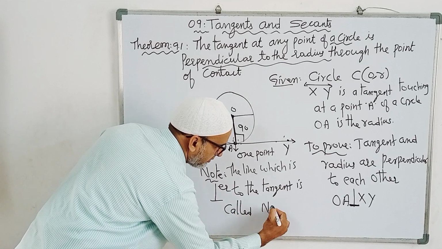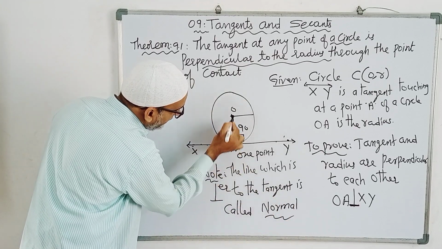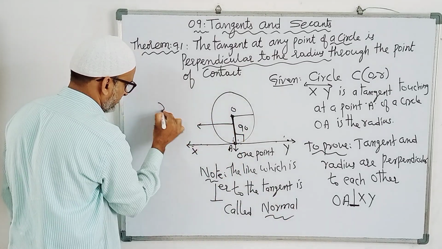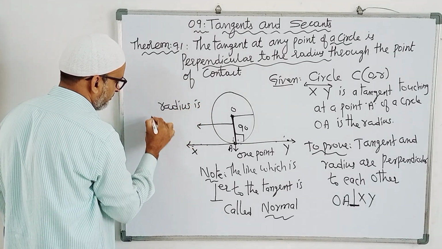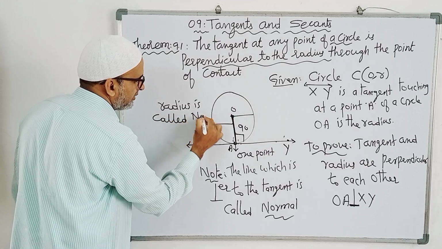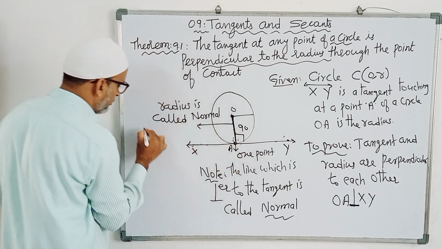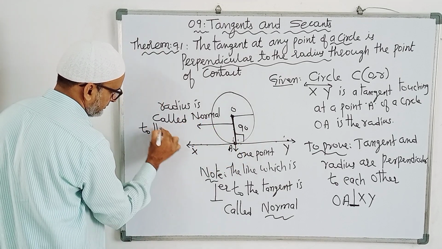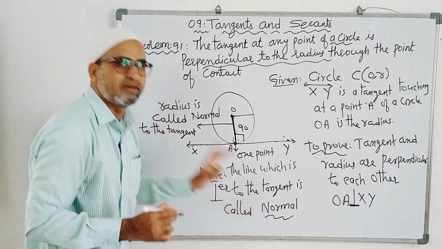Means normal. Who is perpendicular? Radius. Means radius is called normal. Why? Because this is perpendicular to the tangent, normal to the tangent. This is the important normal name. A normal word is coming.